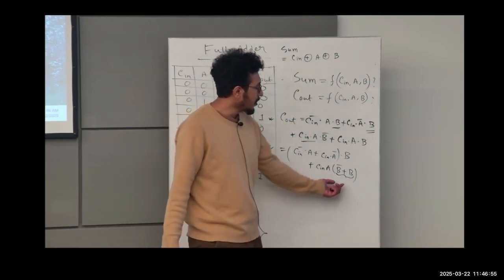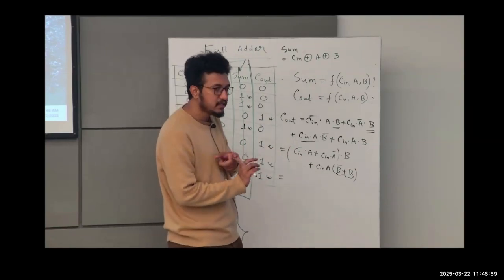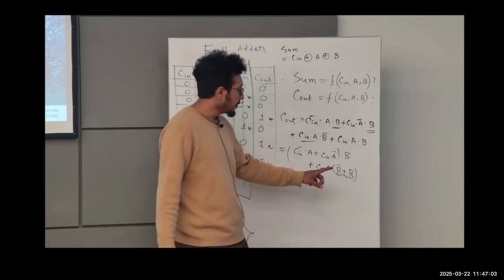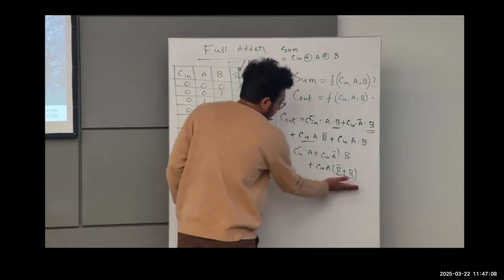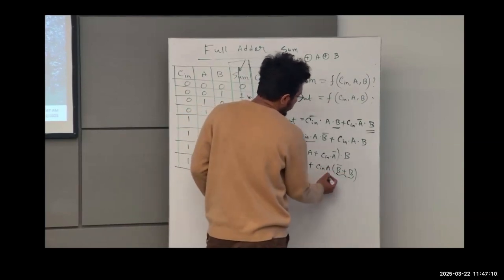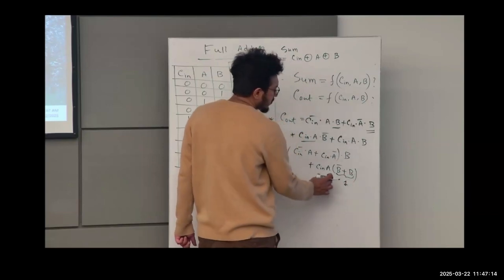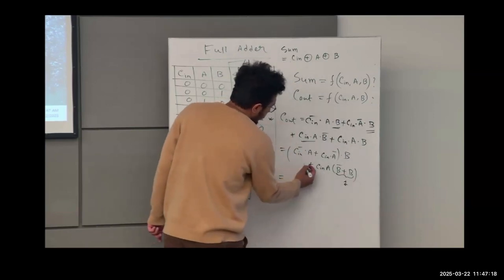That means B bar plus B is 1 whatever value you put for B, whether B is 0 or B is 1. So this vanishes because it is basically 1. If you make an AND with 1, it stays the same.